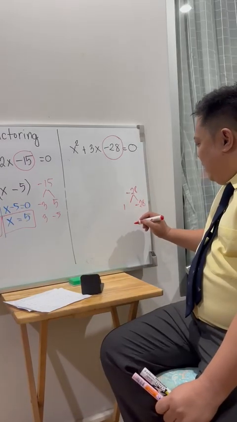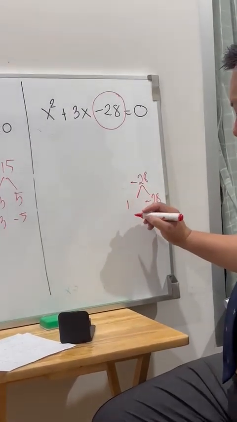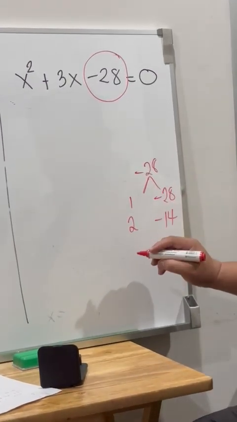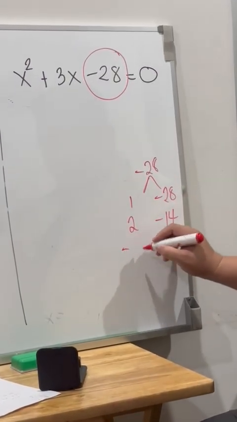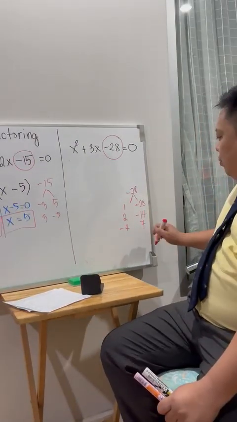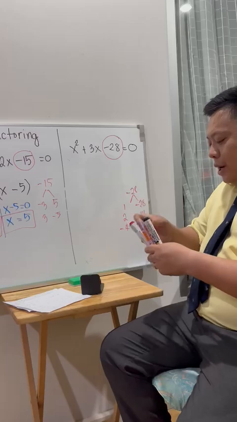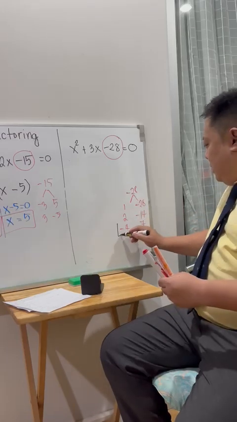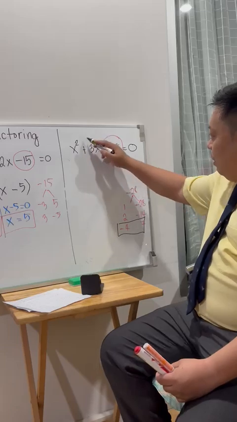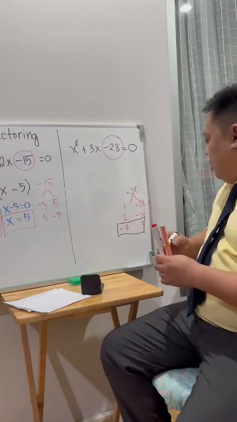I think we can have 2 and negative 14. We can also have negative 4 and 7. I think this will work best with our quadratic equation, because when we add up negative 4 plus 7, that will be equivalent to positive 3.